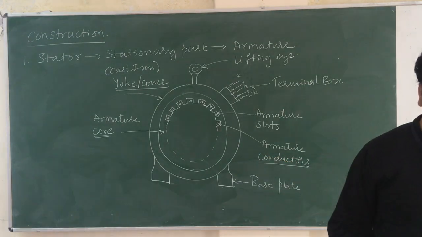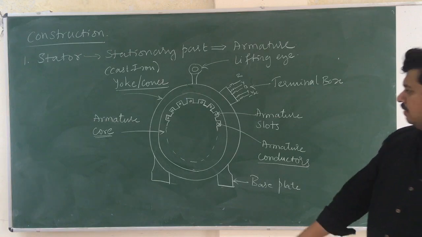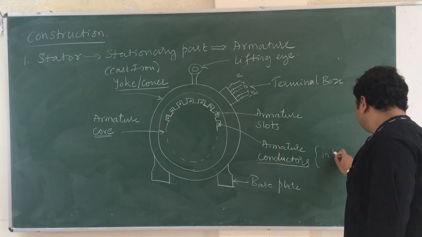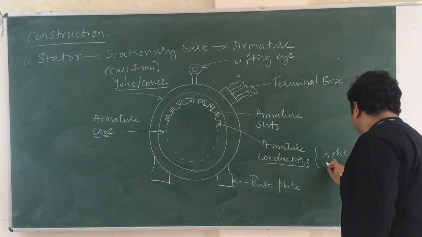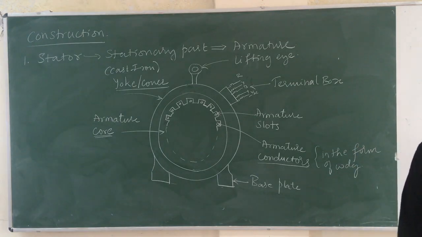Now these are called armature conductors. Just now we discussed that the conductors are kept stationary. Therefore, all conductors placed in the armature slots will remain stationary, and the armature conductors will be in the form of winding. It won't be a single conductor placed in a single slot.